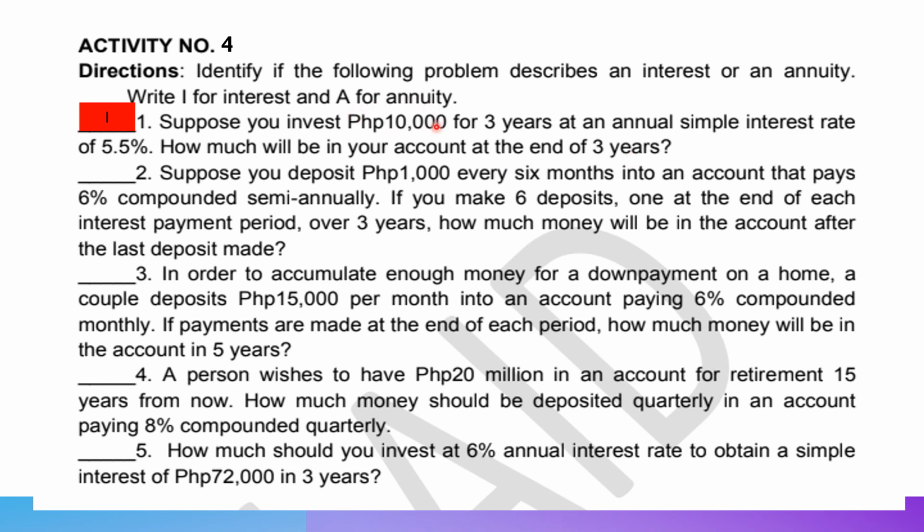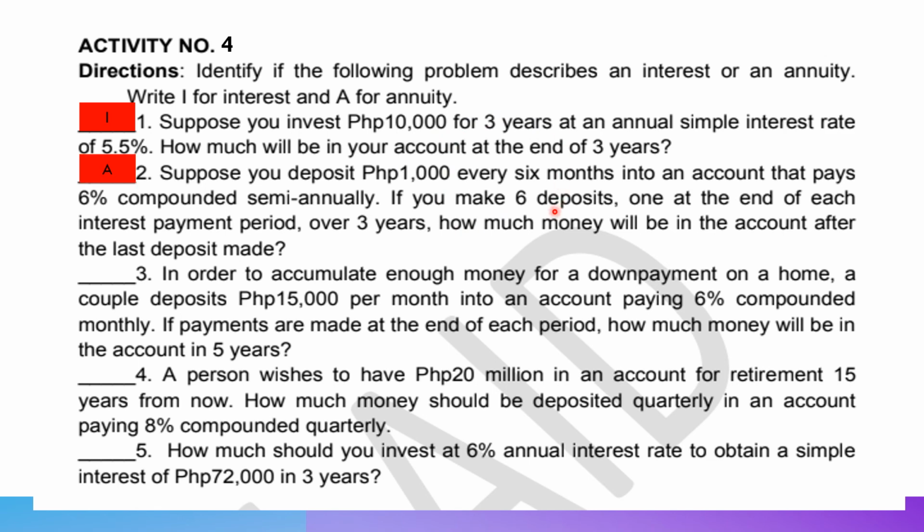So isang beses lang siya nagbitaw ng pera. And then, inilagak niya na yon into 3 years. 3 years niyang iniwanan yung pera. Hinayaan niya na mag-interest yon. So, that is interest. Number 2, suppose you deposit 1,000 every 6 months. Because of this word, every 6 months, maghuhulog ka ng 1,000 every 6 months.